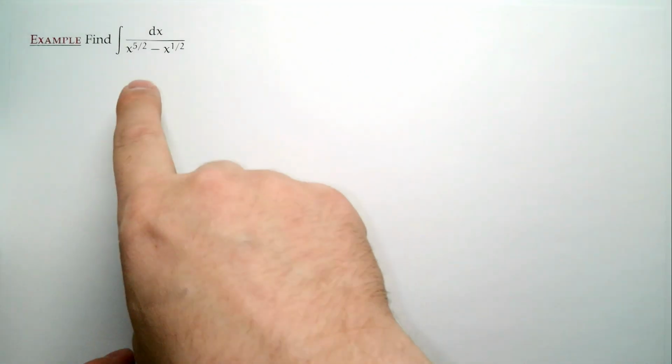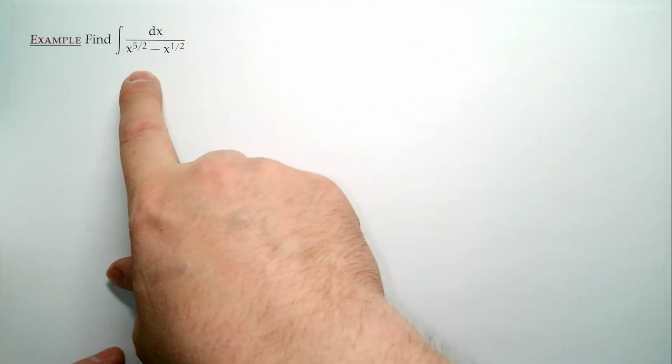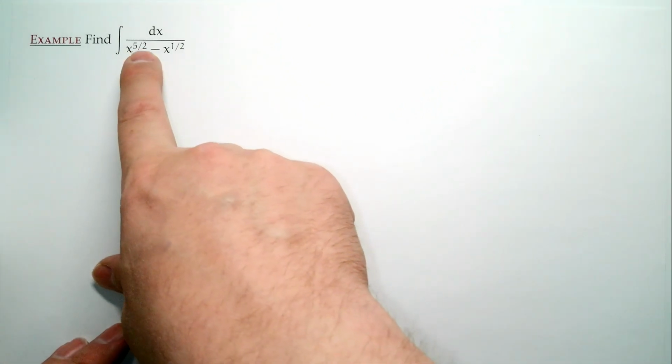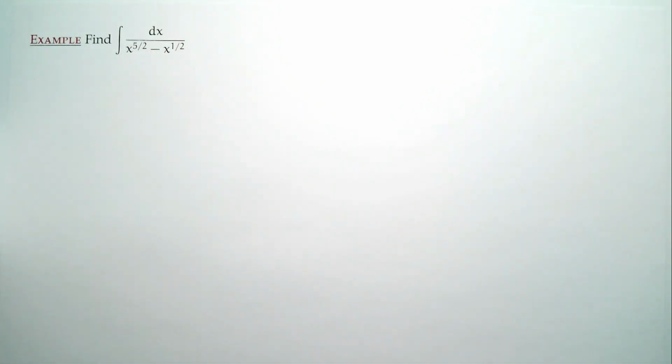The downstairs is not a polynomial. Now, the reason I say that is you look at the exponent. To be a polynomial, all your exponents have to be whole numbers. So if you have an exponent that's not a whole number, that's not a polynomial. So this is not a partial fractions problem yet.